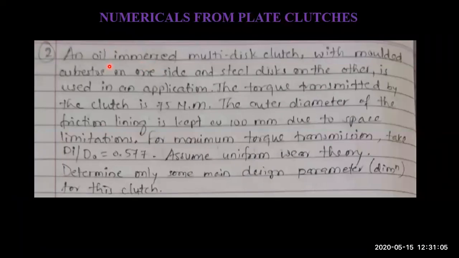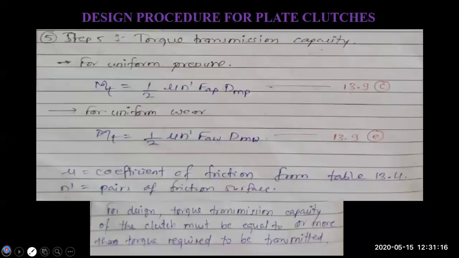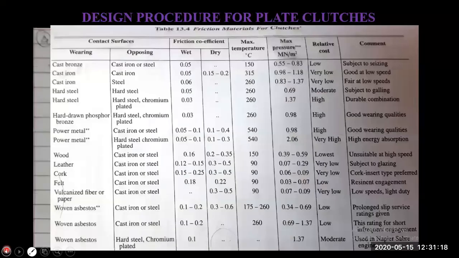This data is also given. Oil immersed means it is wet. It is given as an oil immersed multi-disc clutch, so let's take it as wet itself. Here, woven asbestos, which is wet. So let's assume this as our coefficient of friction.